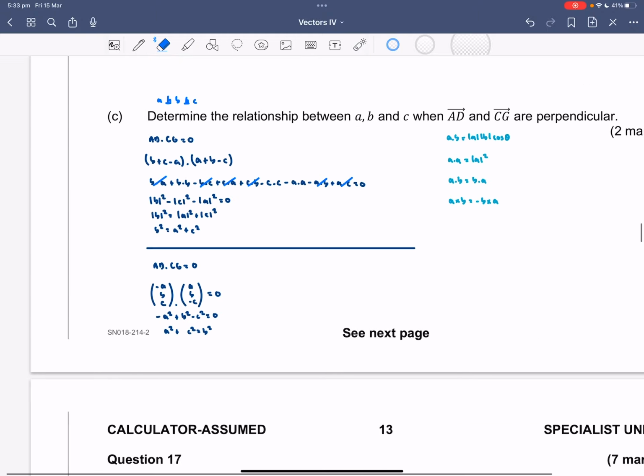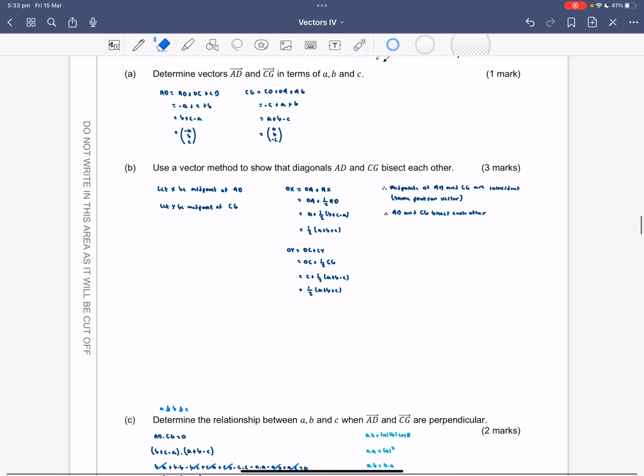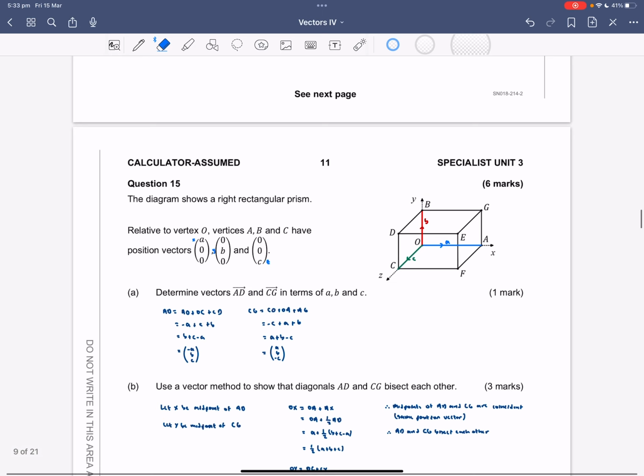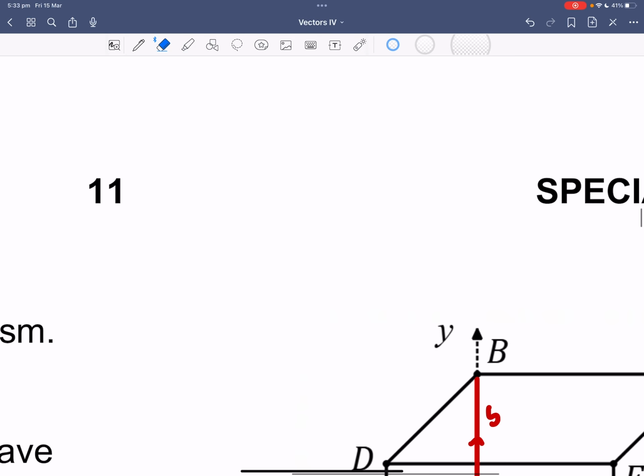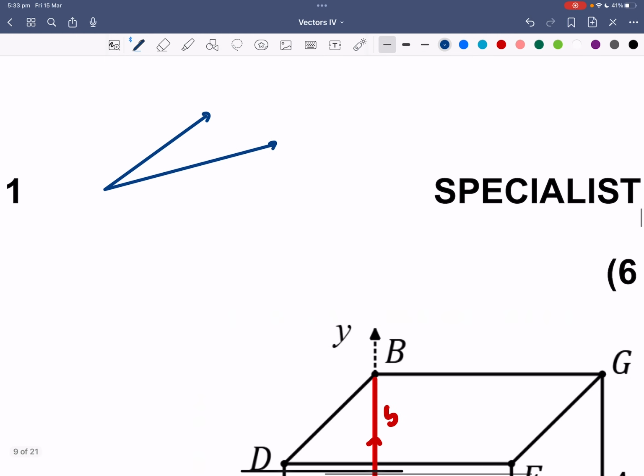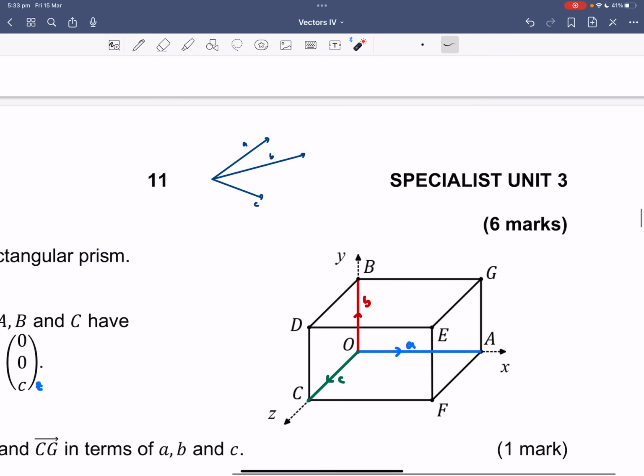Okay, both work, wasn't worth many marks. But what made this question different to the ones that I usually see is that usually they'll tell you that this is A, and this is B, and hypothetically this is C, and none of them lies specifically along the X, Y, and Z axis.